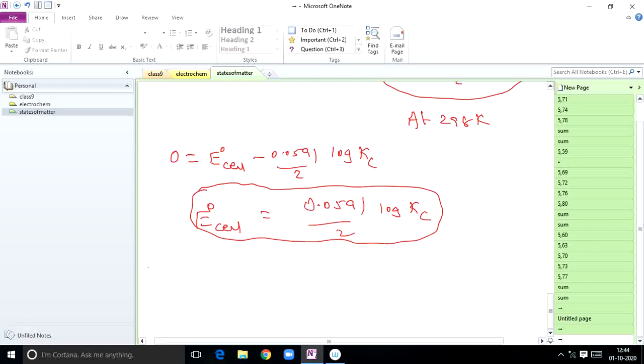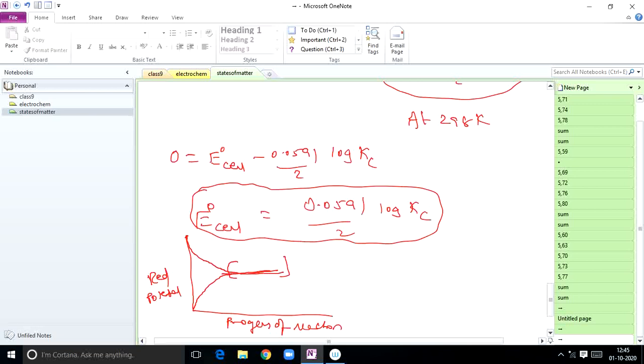So through a graph also I can show something for you here. If you plot the graph between reduction potential versus progress of reaction, see, actually for oxidation half reaction it will be like this, for reduction reaction it will be like this. So both become constant here. This is the point where this straight line you will get, and this is called the equilibrium point.